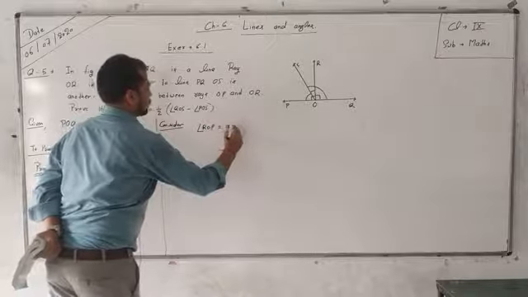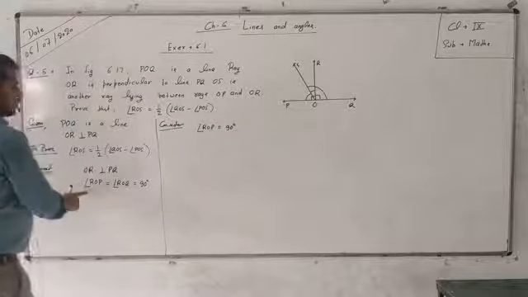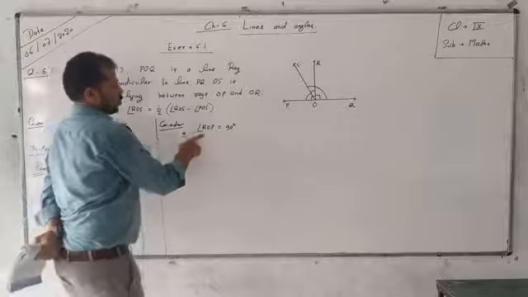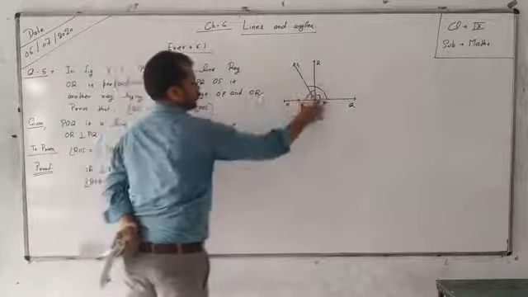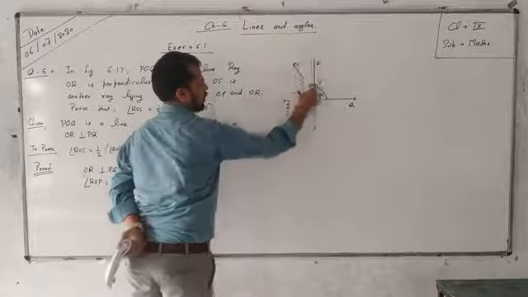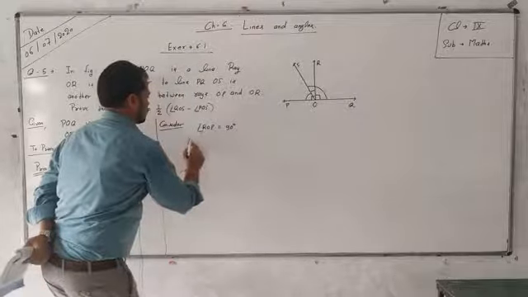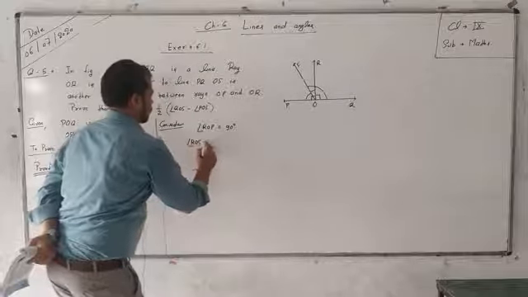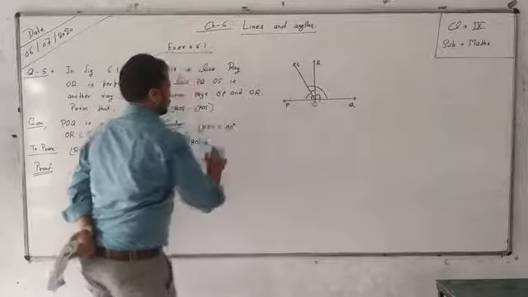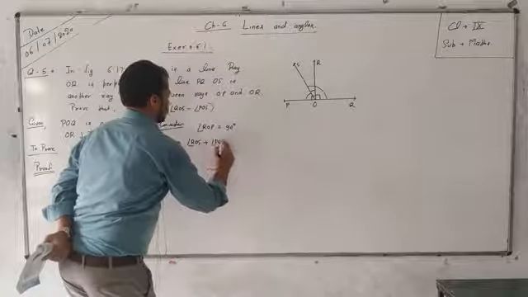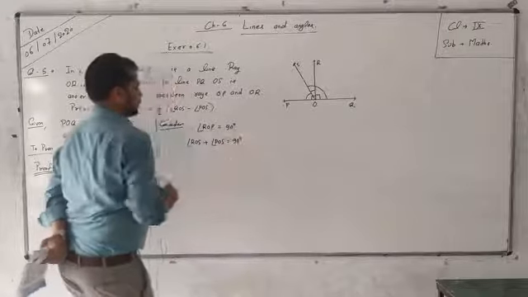So, consider angle ROP, which is equals to 90 degree. Okay? Now we are going to break the angle ROP. We have to write angle ROS plus angle POS is equals to 90 degree.